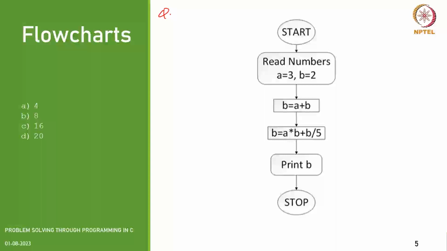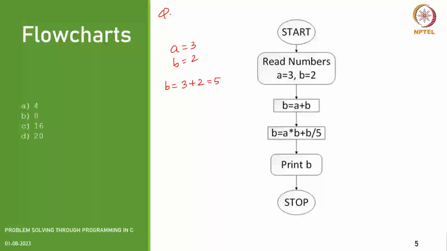So we read two numbers, a equals 3 and b equals 2. Now after reading that, we do this computation, which is b equals a plus b. So a is 3, b is 2, so now b becomes 5, but a is still 3.